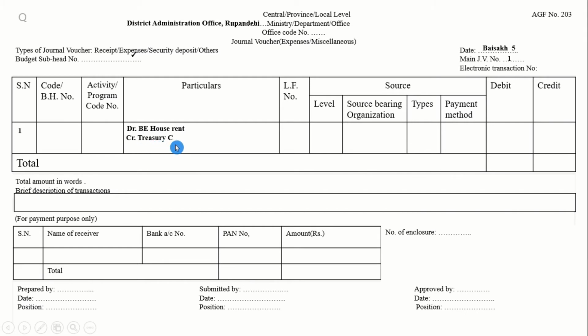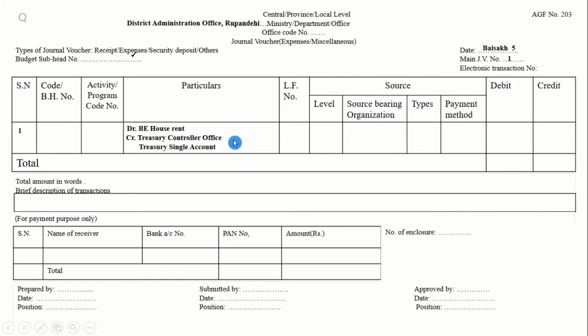CR Treasury Controller Office, Treasury single account. As per the new system of recording journal vouchers, all the payments are made through the District Treasury Controller Office, Treasury single account. So Treasury Controller Office, Treasury single account should be credited for every payment.